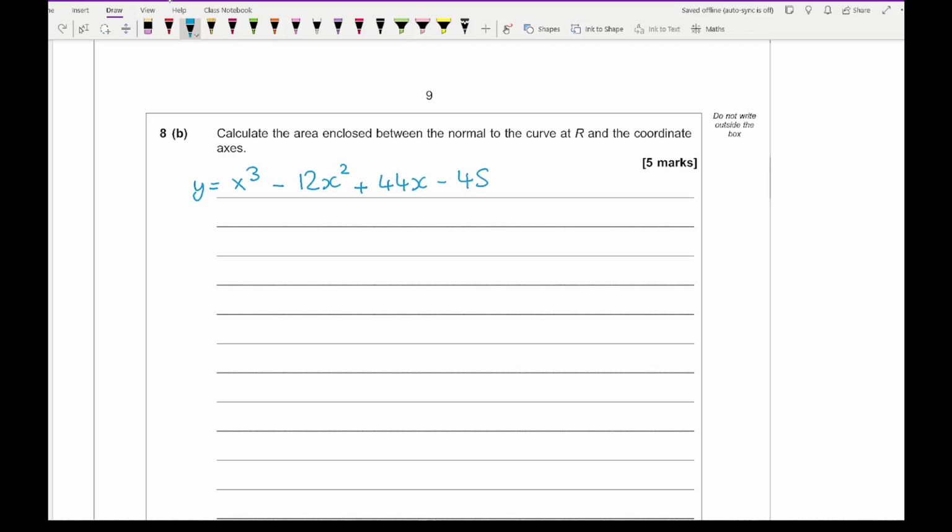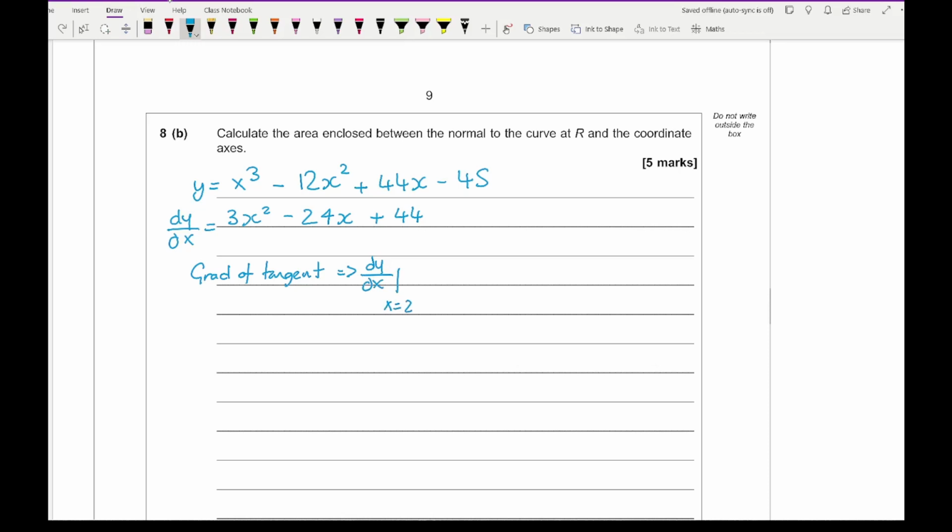So first things first, what I need to do is work out the gradient of the tangent. So let's first of all work out dy over dx. So dy over dx is going to equal 3x squared minus 24x plus 44. Then the gradient of the tangent at R is when x equals 2.